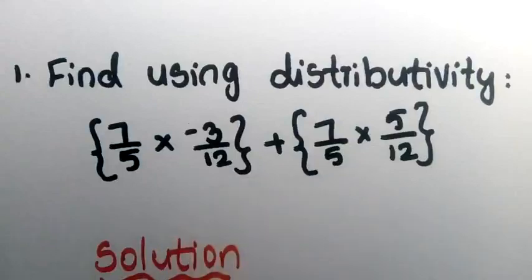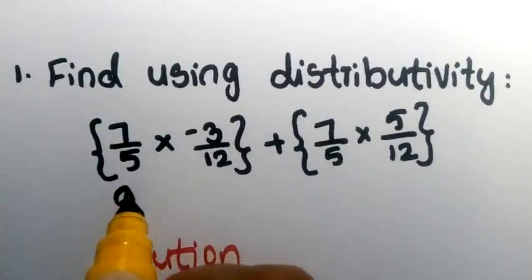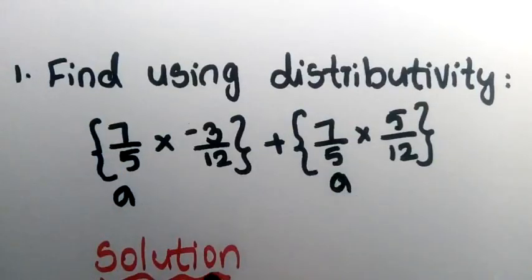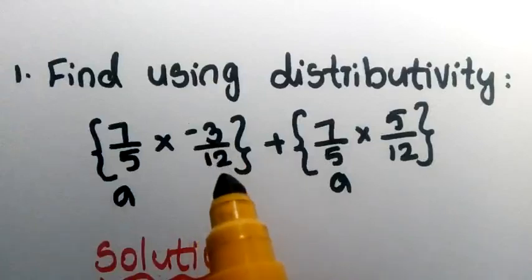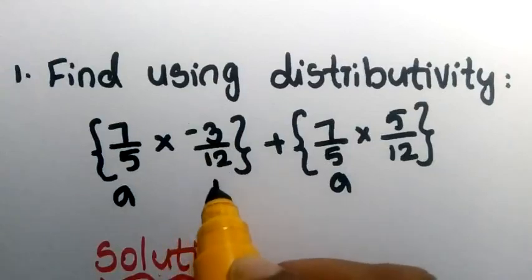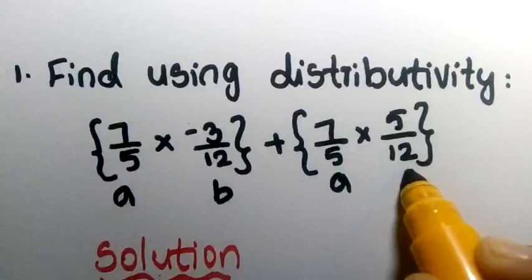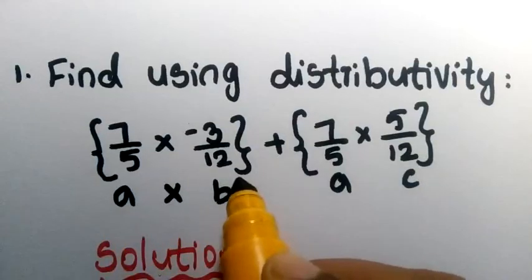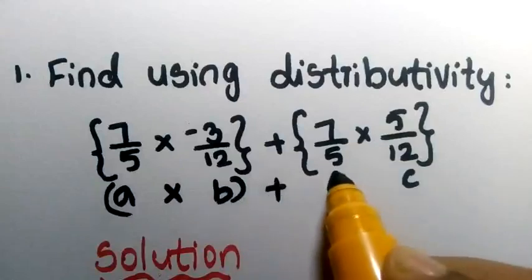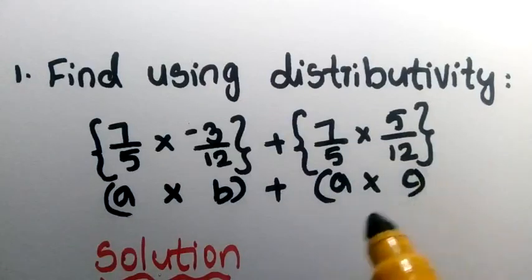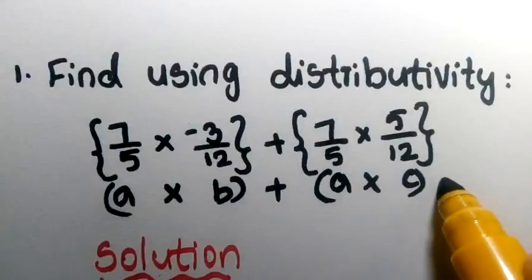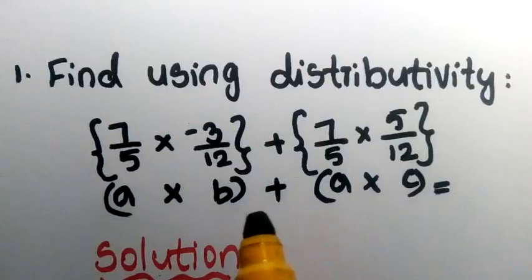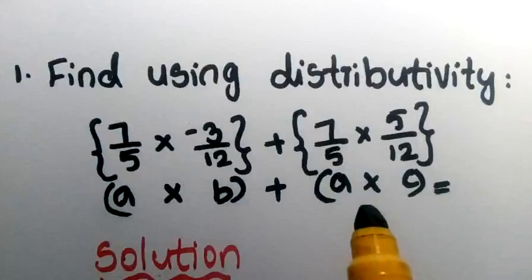Let us consider it as A. Okay. And consider minus 3 by 12 as B and 5 by 12 as C. So now we have A into B plus A into C, which is like the RHS of the distributivity.